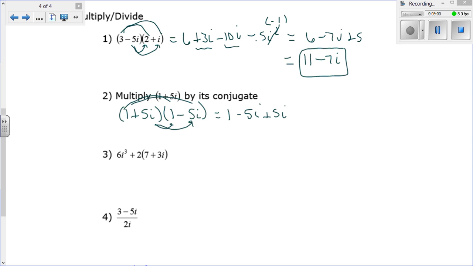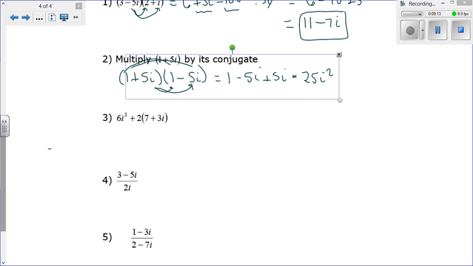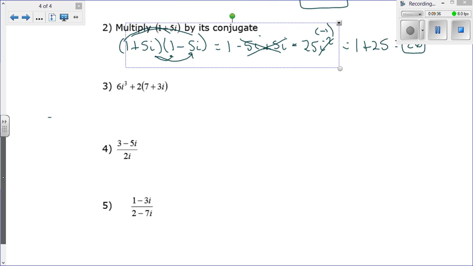And then 5i times a negative 5i is a negative 25i squared. So my negative 5i and my positive 5i cancel each other out. i squared becomes negative 1. So I end up with 1 plus 25, which is 26. The whole goal of the conjugate is to get rid of the i's.